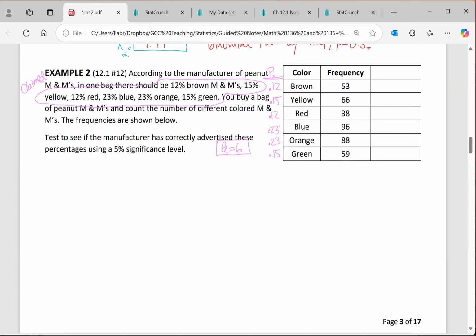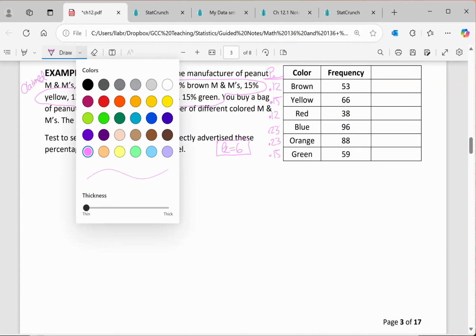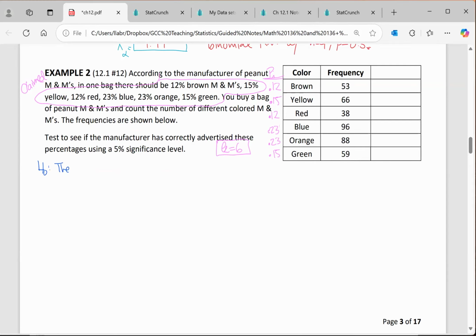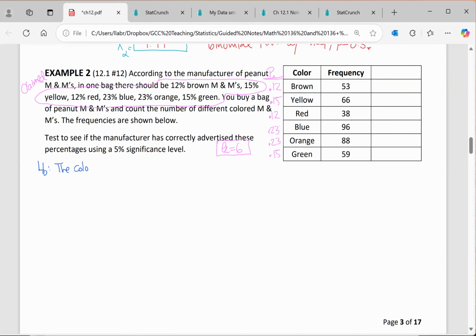Let's write the hypothesis. So number 1, let's get our hypothesis going. And essentially, you just want to try and mimic the verbiage used in the problem. But here we know we're talking about the color of M&Ms. Okay, so we're going to go ahead and say the color of M&Ms follow the claimed distribution.